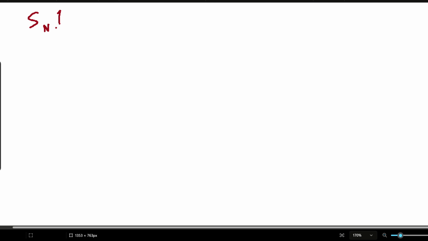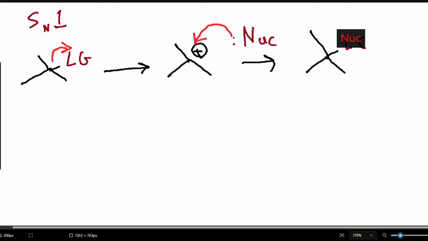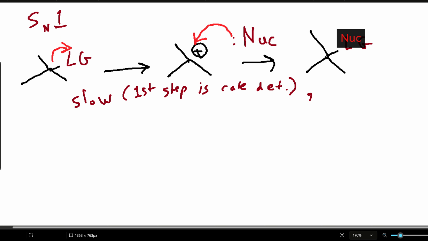So for SN1, we have our leaving group bonded to the tertiary carbon, and the first thing that happens is that the leaving group leaves without nucleophilic attack and forms a carbocation. Then the nucleophile comes in, performs nucleophilic attack, and reacts with the carbocation to form the original compound, but with a nucleophile instead.